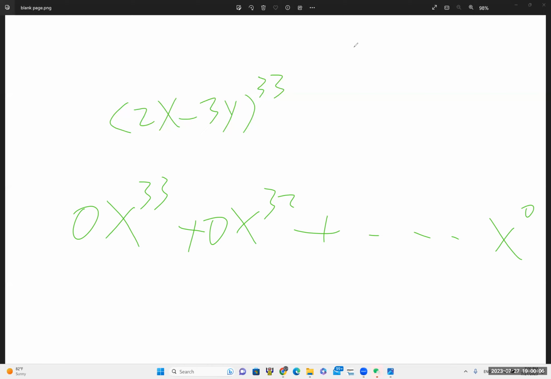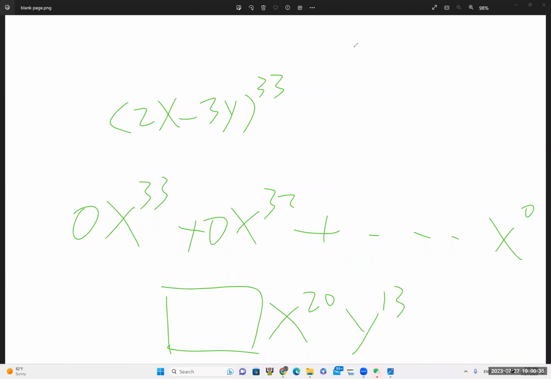Maybe we want to find, for example, the term where x is to the 20th power and y is to the 13th power. The sum of the exponents should equal 33. Then we want to find the coefficient, right?